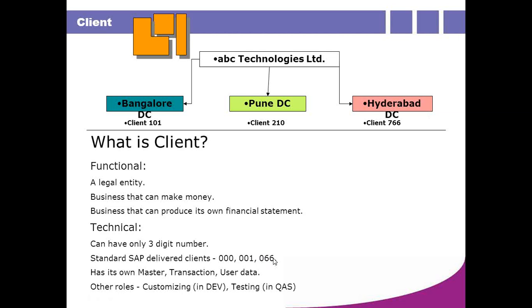They will suggest if any bottlenecks happen, or any risks you might face going forward, and what actions you need to take. Yearly once or twice it will do this in your production system. At that time it will log in through 066 only. So we are not going to use this from the basis point of view.